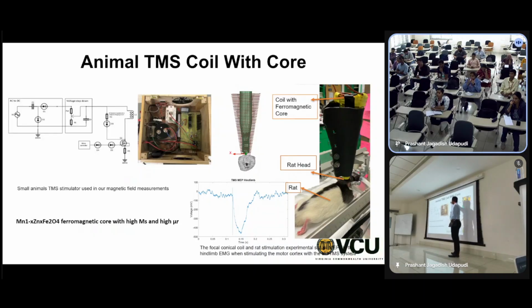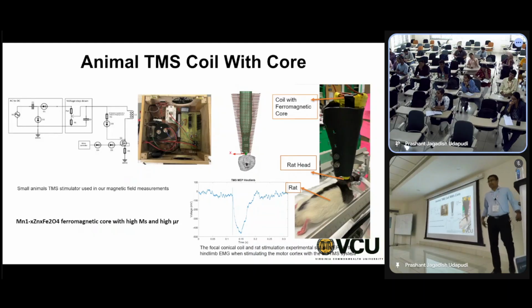We used this high permeability ferromagnetic core and stimulated the rat to get a twitch in its limb, and that is the motor evoked potential. So now we showed that yes, we can use one core with a small current and focus it to get the rat to twitch its leg.